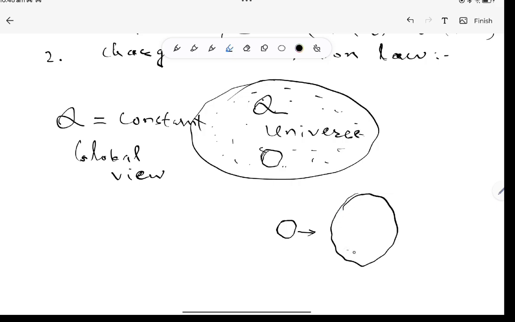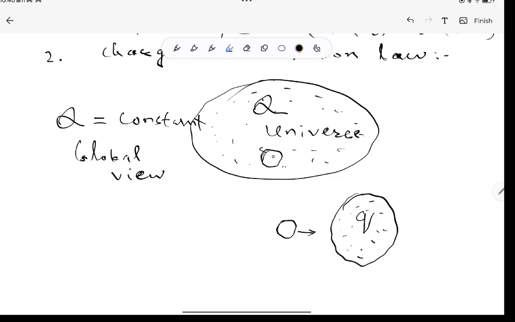But think this is just a volume within the universe. Now, this volume contains, suppose, total charge Q, and there is no restriction in the sense that this Q must be constant. Q can change now.